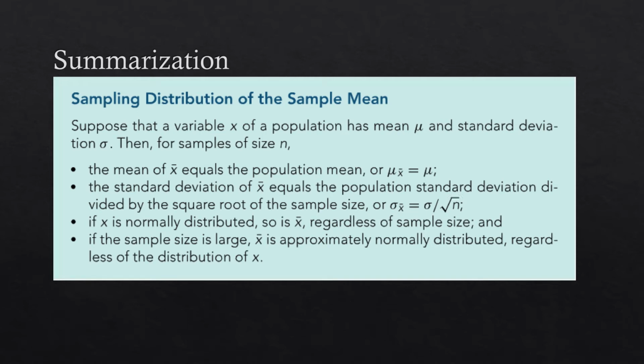If x is normally distributed, then so is x bar, regardless of the sample size. And if the sample size is large, then x bar is going to be approximately normally distributed no matter whether x is or not.